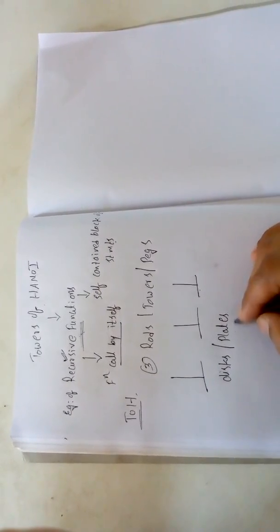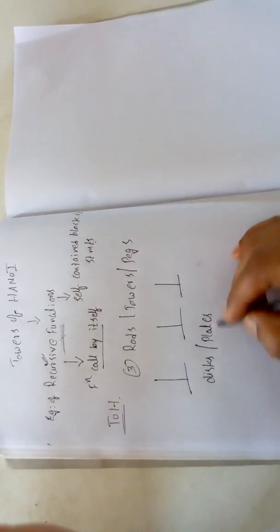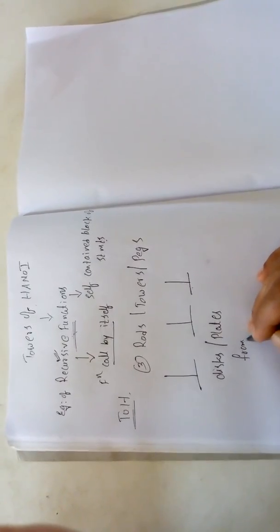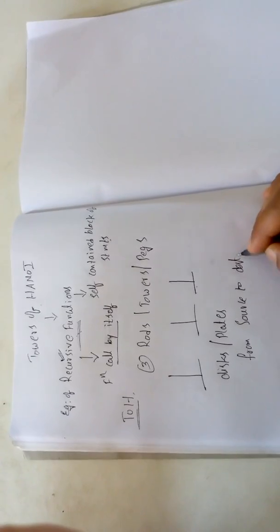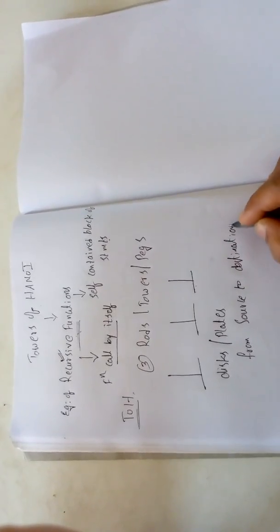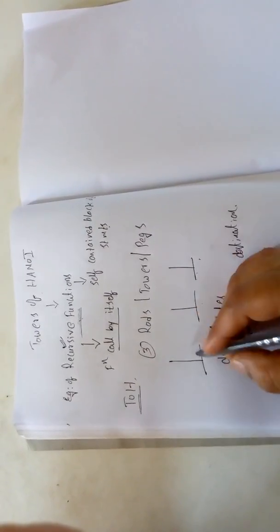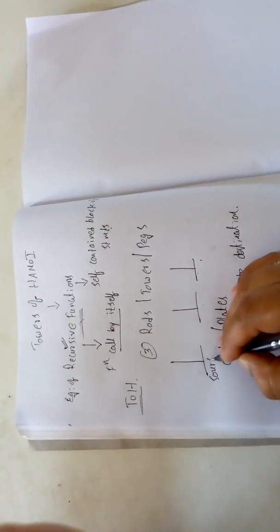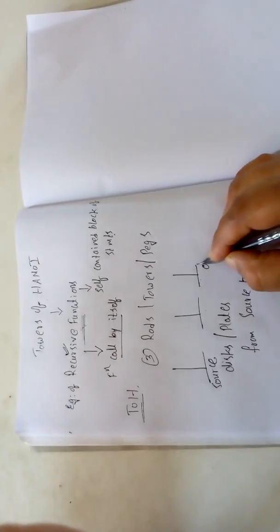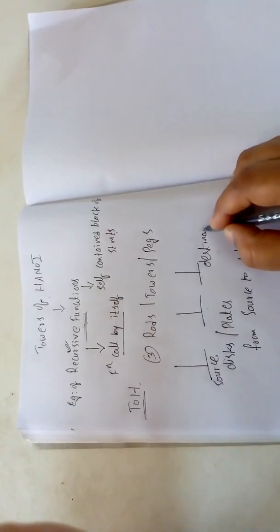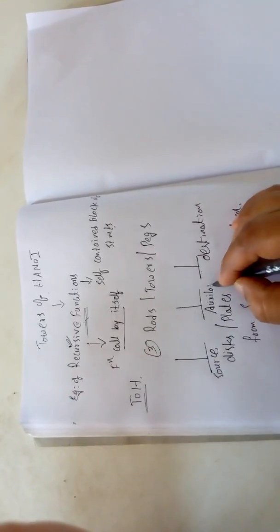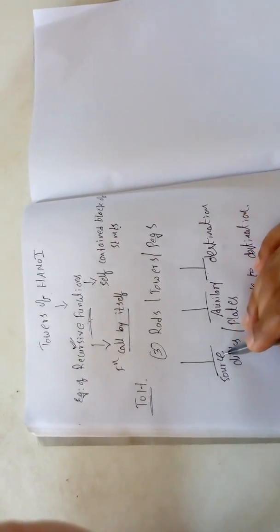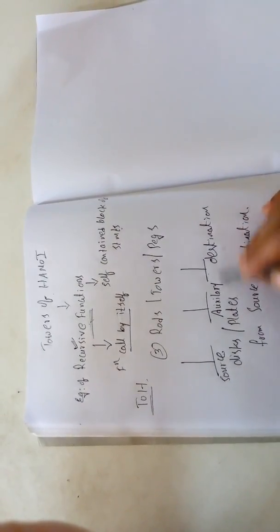Now here we have to move these discs from source to destination. Among these 3 rods, the first one is the source and the last one is the destination, and the middle one we'll call auxiliary. Source, auxiliary, destination.